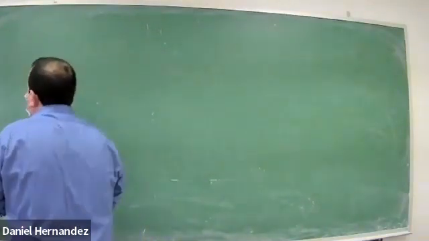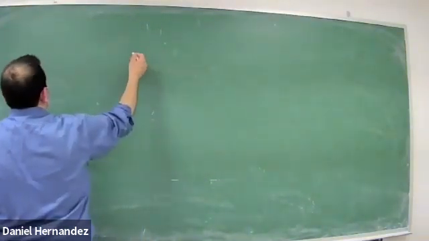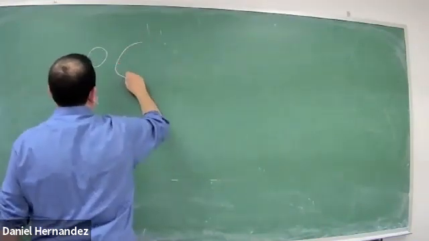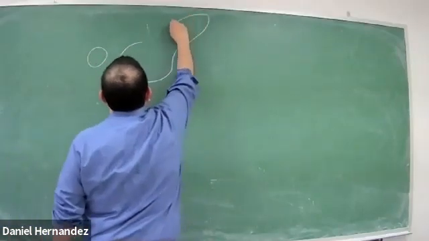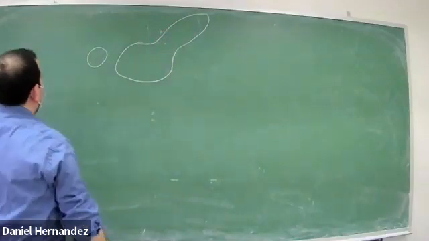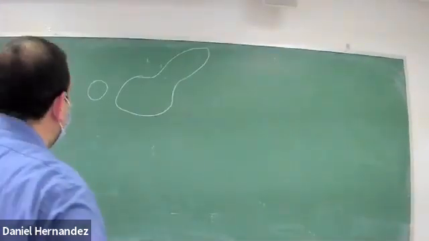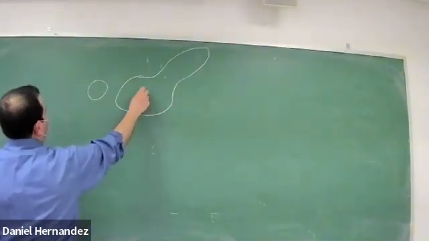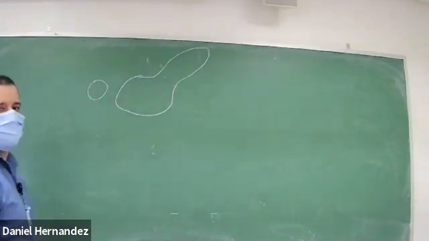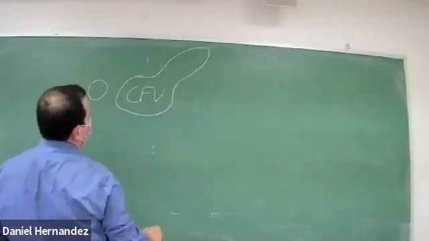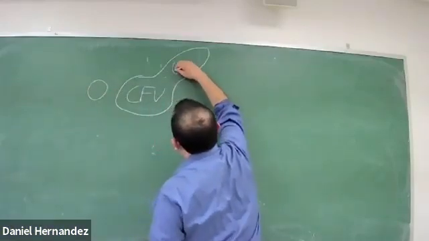All right, let's do some views. If we're doing our DVT study, when we're doing our leg Dopplers, and we're in transverse, you guys remember what this vessel is here? One of our first pictures when we're doing our leg Dopplers. This is going to be our GSV, and the common femoral vein.